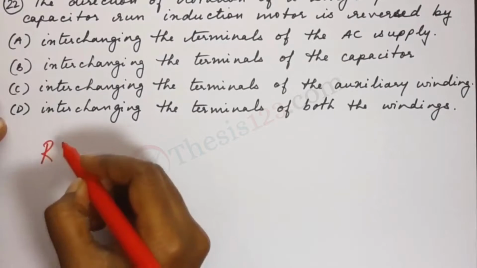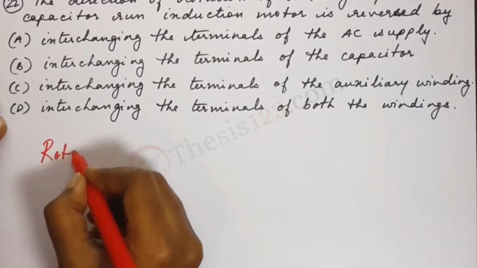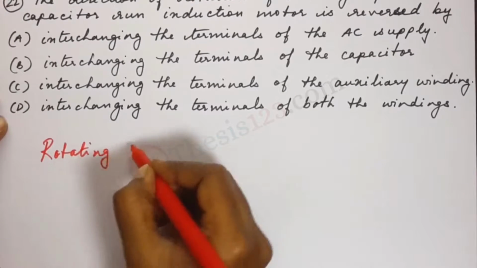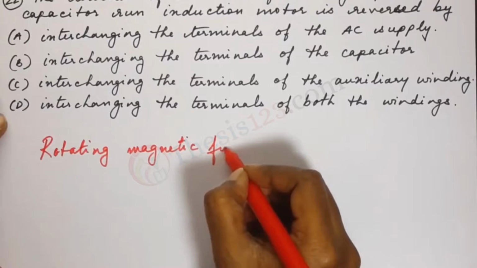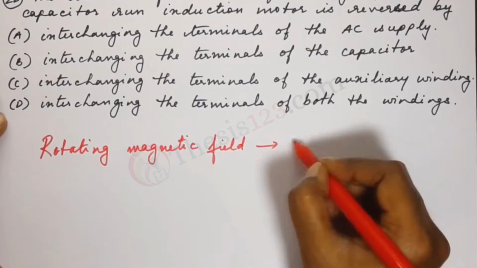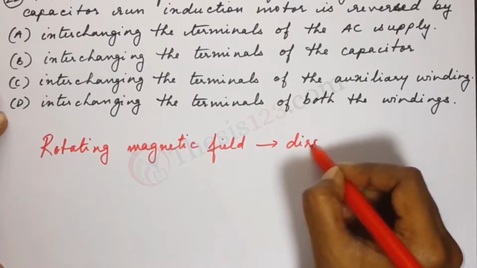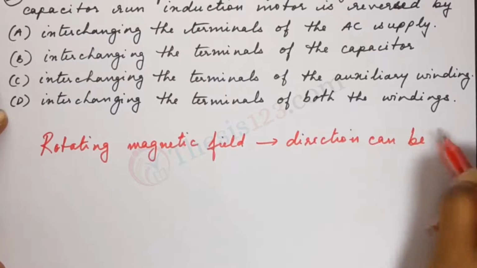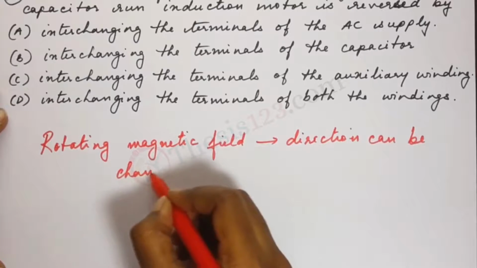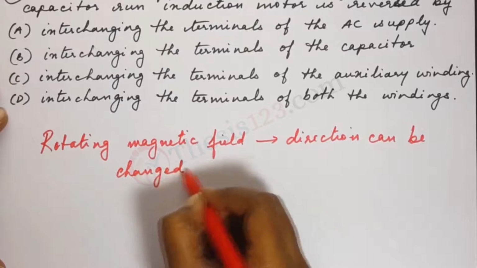So it all comes down to the magnetic field. The direction of this rotating magnetic field can be changed in order to change the direction of the motor.